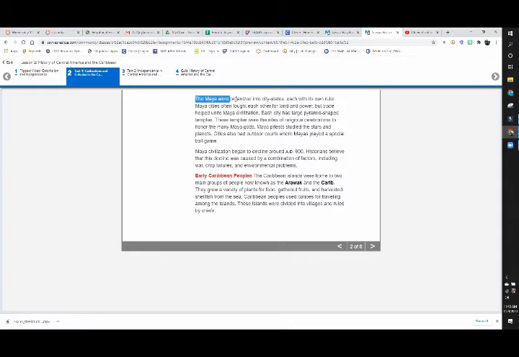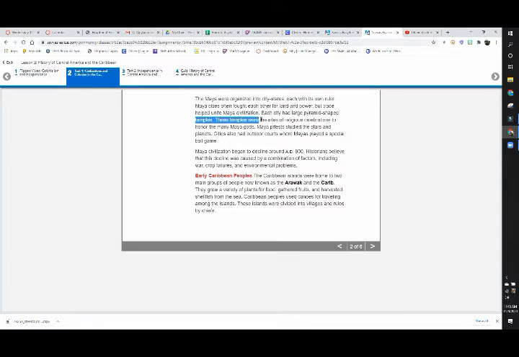So the Maya were organized into city-states, each with its own ruler. Maya cities often fought each other for land and power, but trade helped unite Maya civilization. Each city had large pyramid-shaped temples.